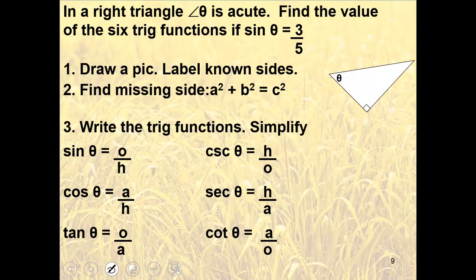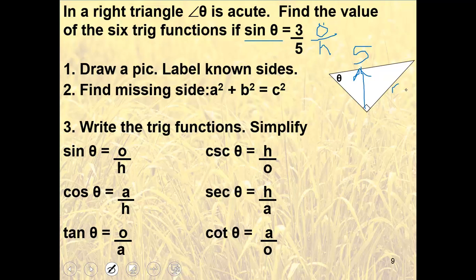All right, now we can find all 6 trig functions for a particular angle given one of those trig ratios. Remember what sine is. It's the opposite over the hypotenuse. So draw your picture. Pick an angle to be theta. Doesn't matter which one, right? The hypotenuse definitely goes across from the right angle, and that has to be a 5.